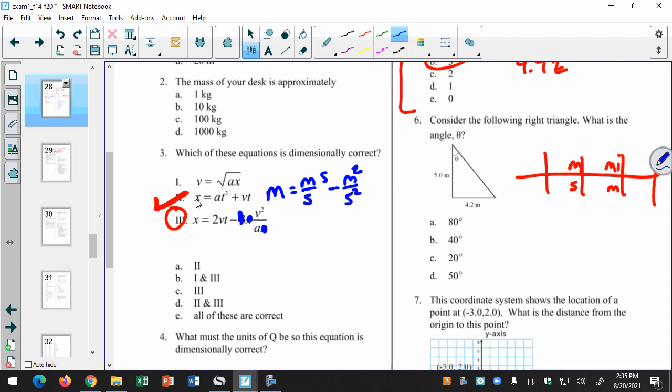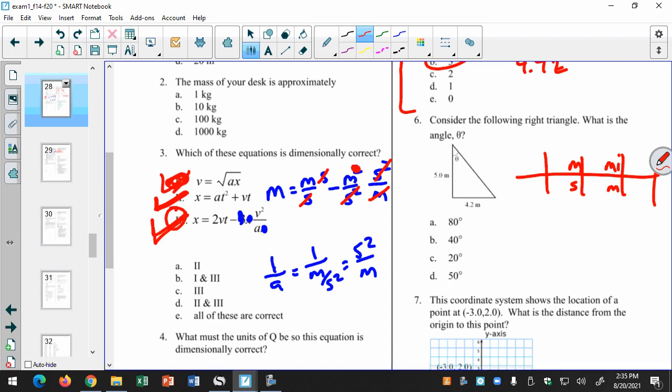And then A is meters per second squared, but it's going to be second squared over meters. 1 over A, so what I have, 1 over meters per second squared is equal to second squared over meters. Let's go through. This cancels, that's good. These cancel, and this M cancels with one of those in the numerator. So I have meters all throughout, so this one is correct.